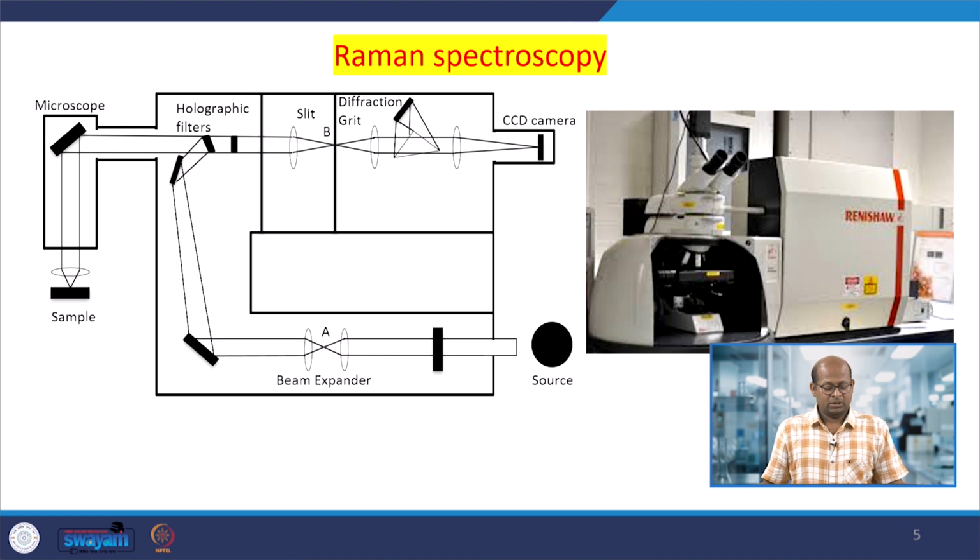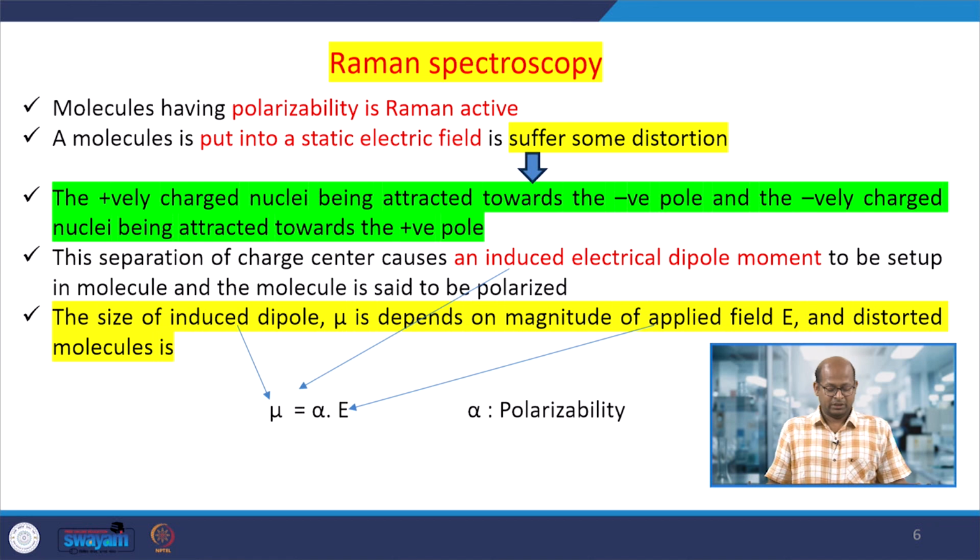Inside the equipment you can see that the sample is placed here. The laser source is there, the laser passes, interacts with the sample and comes back to the detector, so we can get Raman signals. Molecules with symmetrical structure give Raman active signals.